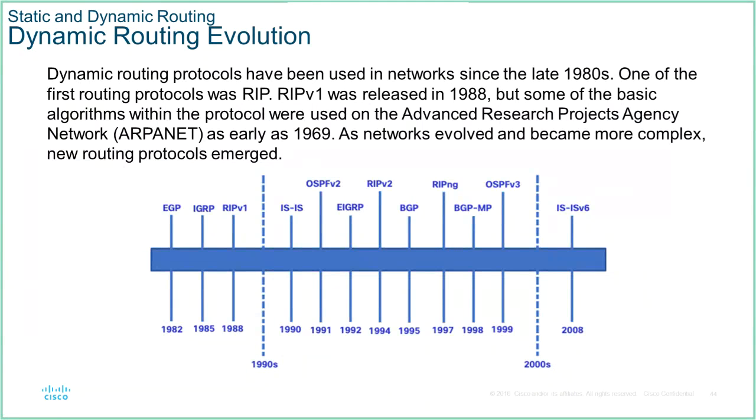So we basically had version 2s come around when we did an update to the way we did addressing. Then we did the next generation of protocols, or version 3 of the protocols, when IPv6 was introduced.